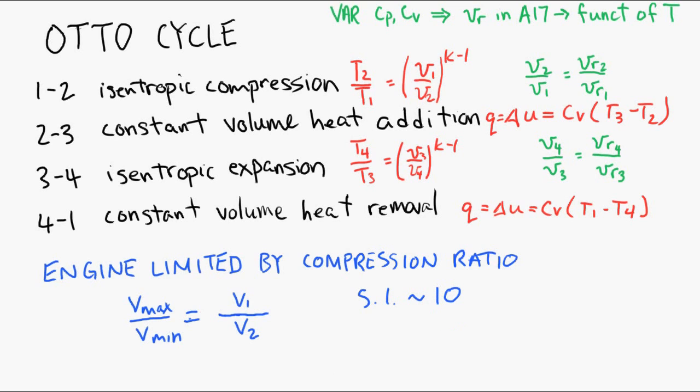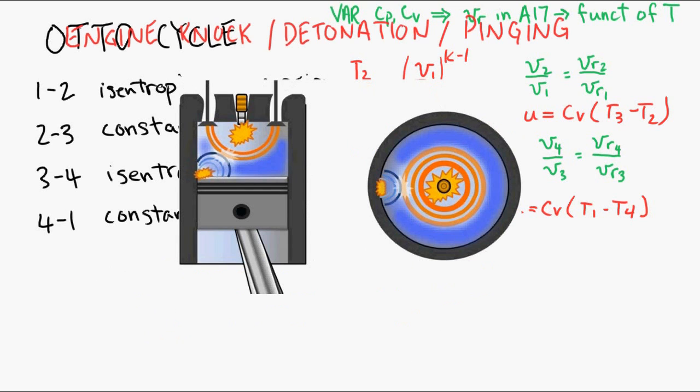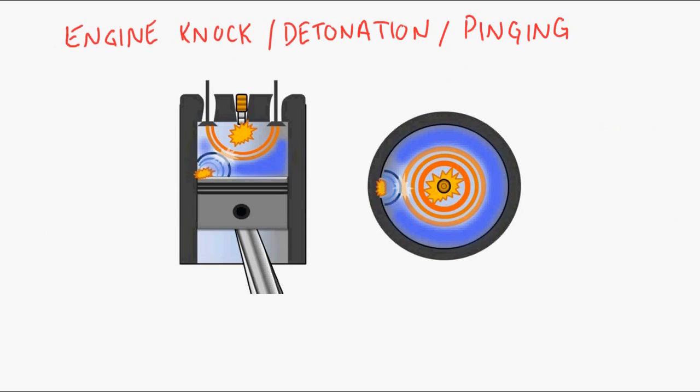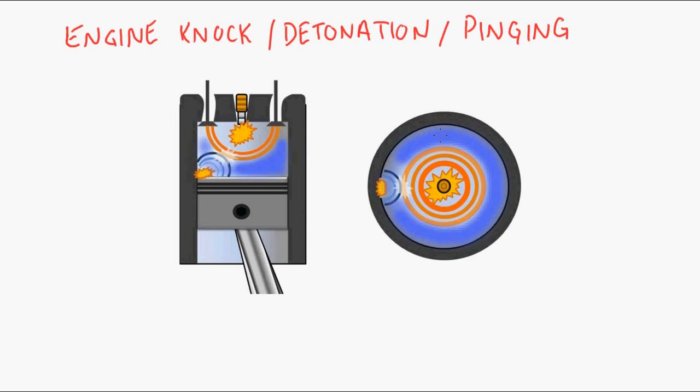Now, what is engine knock, you might ask? Engine knock, also known as detonation, also known as pinging, is auto-ignition of the fuel and air. When the piston moves up to top dead center, the temperature goes up as the compression goes up.